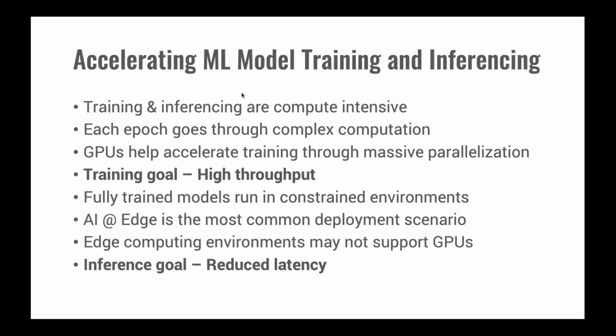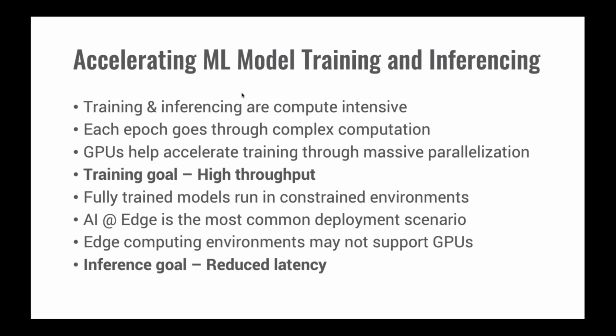So why do we need to accelerate ML models? And acceleration is not just about inferencing. Even during training, we need to have faster training and higher throughput. So basically, both training and inferencing are highly intensive. They are very compute intensive.